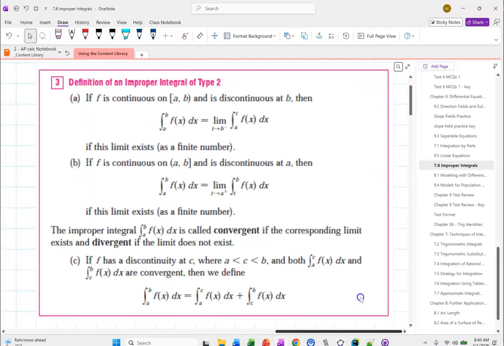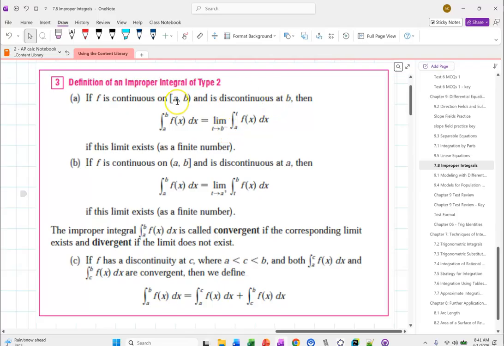Yeah. If it has an asymptote, so say that f is continuous on the closed interval from a to b, but discontinuous at b, i.e. there's a vertical asymptote there at b. We'll do the same thing. We'll replace the problematic bound with a t, and then just take the limit as t goes to, in this case, value b from the left.